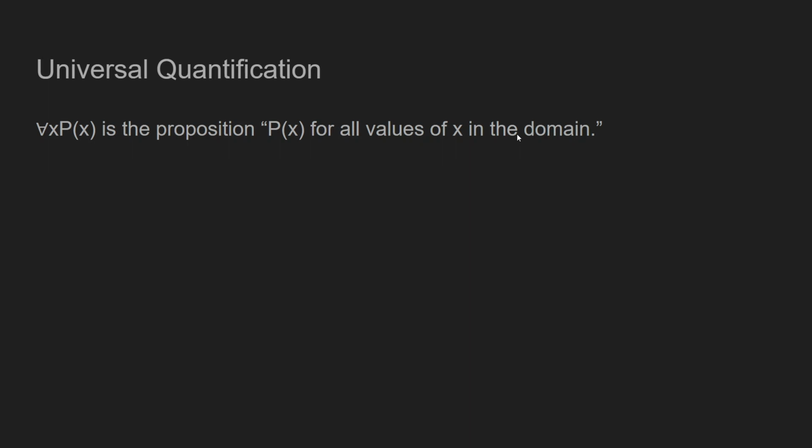Say you have a statement like x is greater than 3, and for all values of x the predicate x is greater than 3 is true. Then this statement is called a universal quantifier or universal quantification.